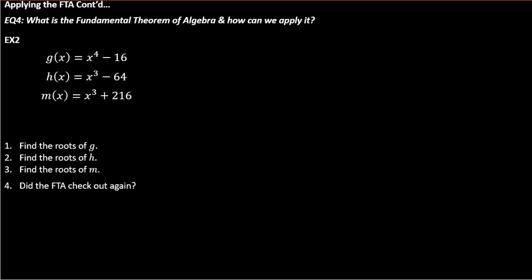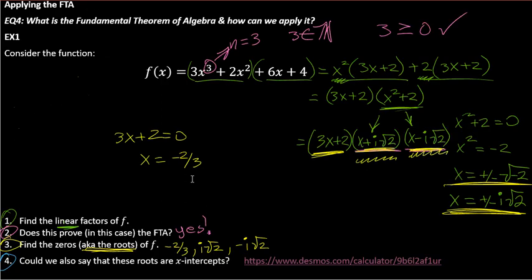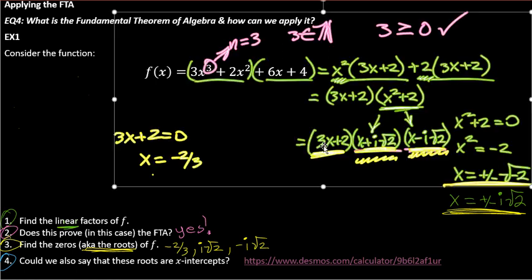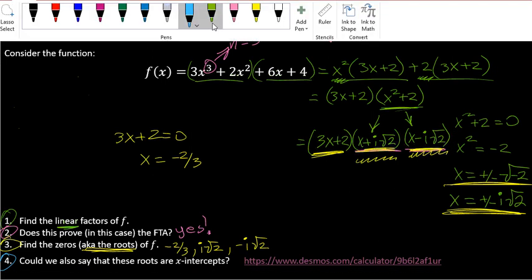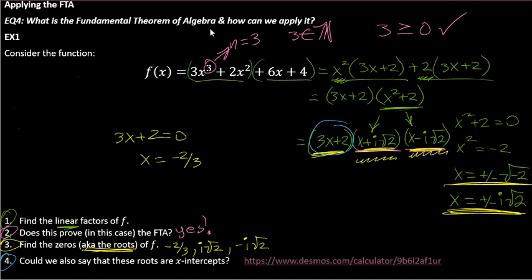But the point is, these are our factors, these 3 numbers here, the 3x plus 2 and so on. That's 1 factor, 2 factors, 3 factors.